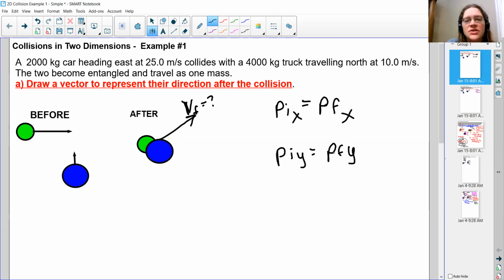So as a result, when we do these two-dimensional collision problems, we are going to have to think of the x and y directions separately. We're going to use our idea of conservation of momentum, and we are going to solve for this velocity as if it has two components: an x component and a y component.